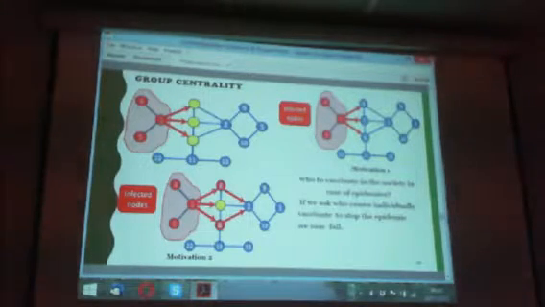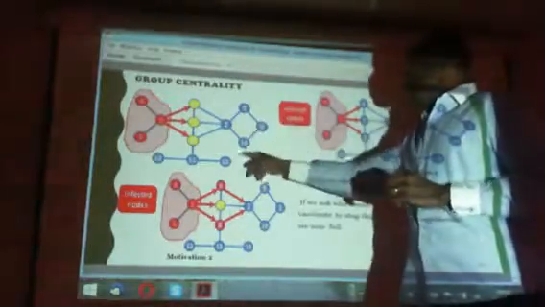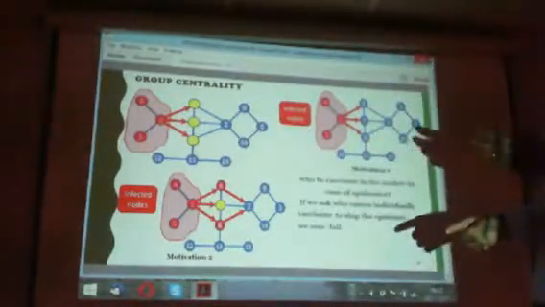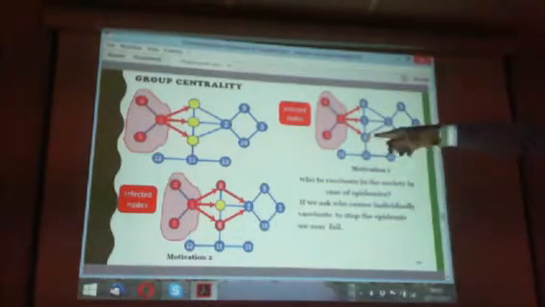To take an example, the concept of group centrality is what we would like to have, for example, in the case of an epidemic.